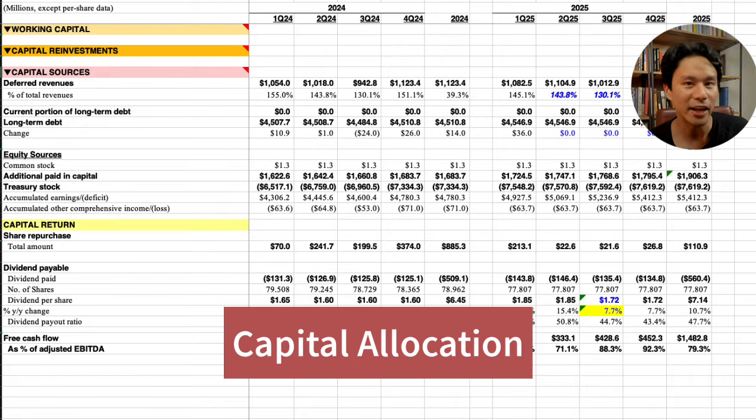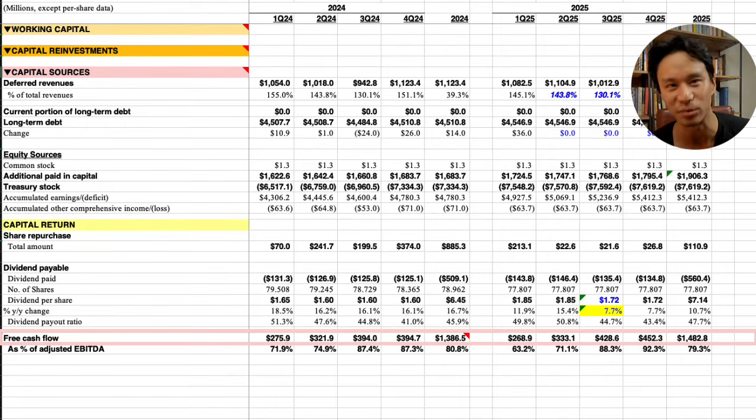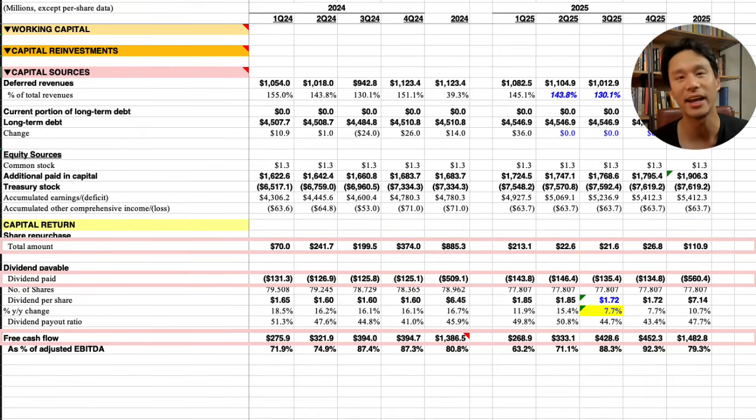So to put it all together, we can now see all the different ways that equity is flowing with MSCI, and we can also compare it with the cash flow of the business, right? So remember, cash flow is just the available cash that the business can use to pay shareholders or do whatever. So MSCI, you can see that they're using the cash to pay a dividend and also buying a ton of shares.